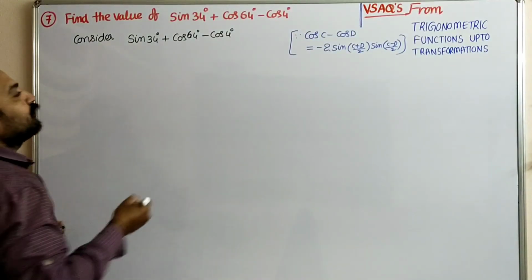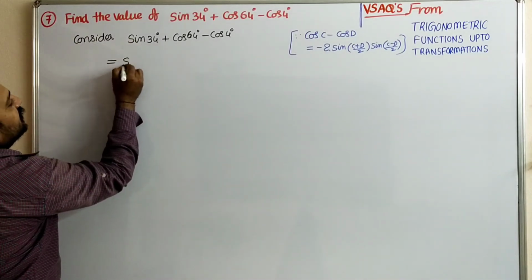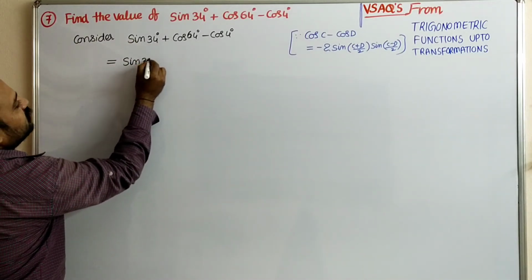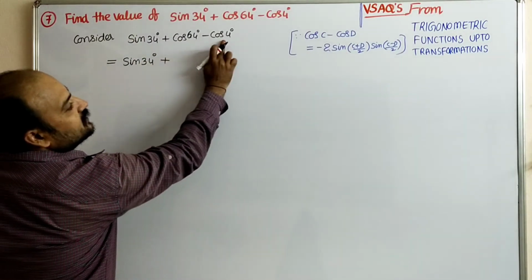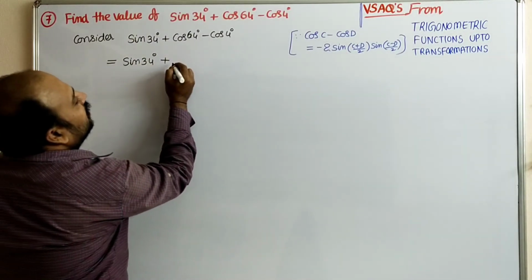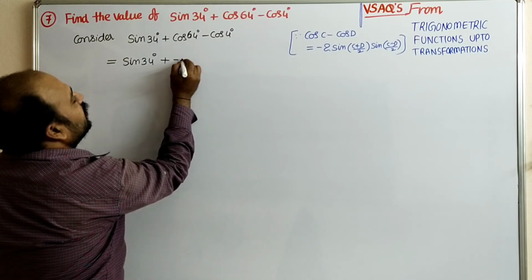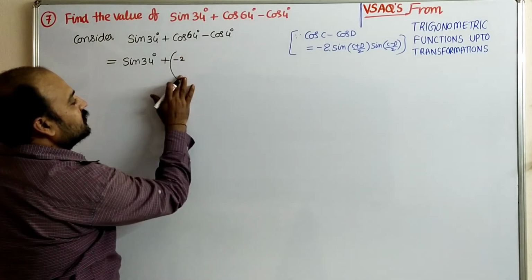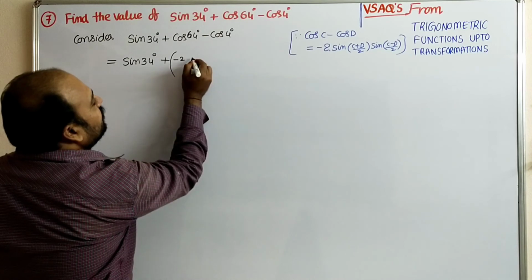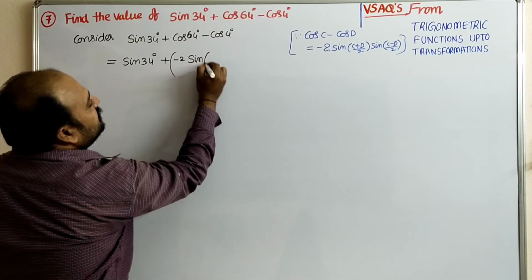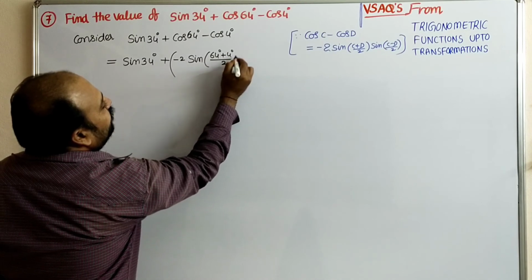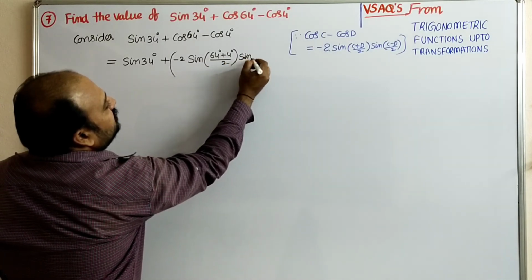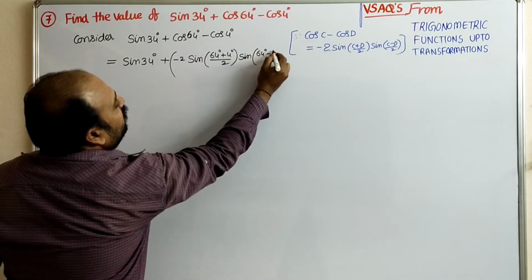So here, the first term sin 34 degrees we can keep like this only, plus cos C minus cos D, where this is C and this is D. Here minus 2 into, keep brackets, sin of (C plus D) by 2, that is (64 plus 4) divided by 2, sin of (64 minus 4) divided by 2.